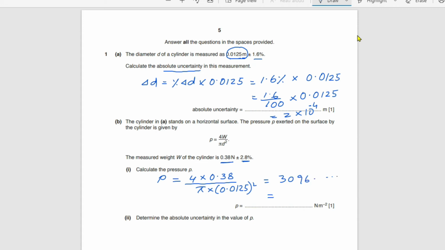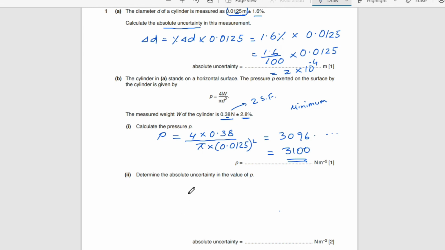Now our result is not going to be in that format. Our values are given in two significant and in three significant figures. Check it out. Diameter is in three significant figures, weight is in two significant figures. So we should use the minimum significant figures in our answer. So our answer is written as 3100 Newton per meter square. That's the pressure value.